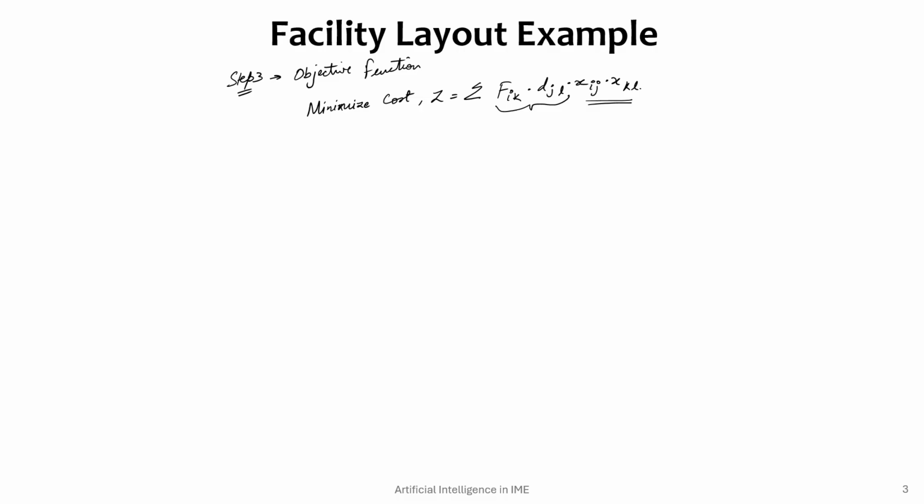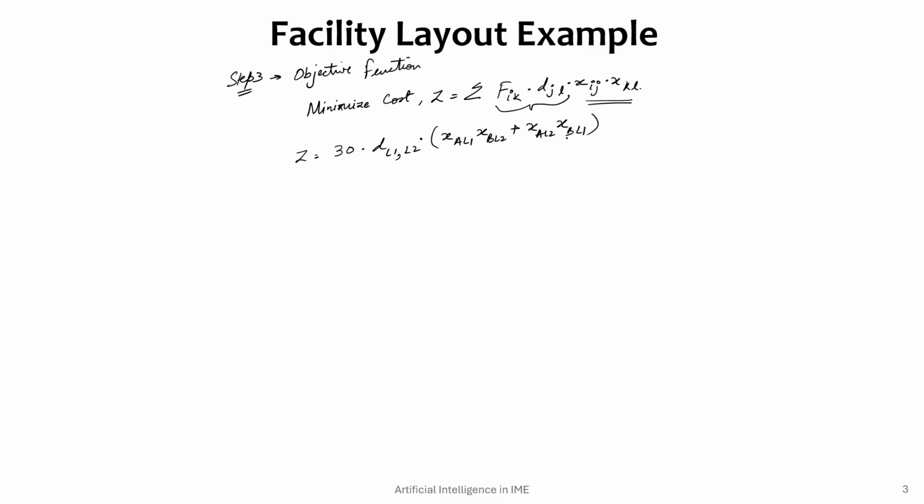So for two departments here, this will result into Z is equal to 30 into D L1 L2 into your decision variables, that is x_A,L1 into x_B,L2 plus x_A,L2 into x_B,L1, right?